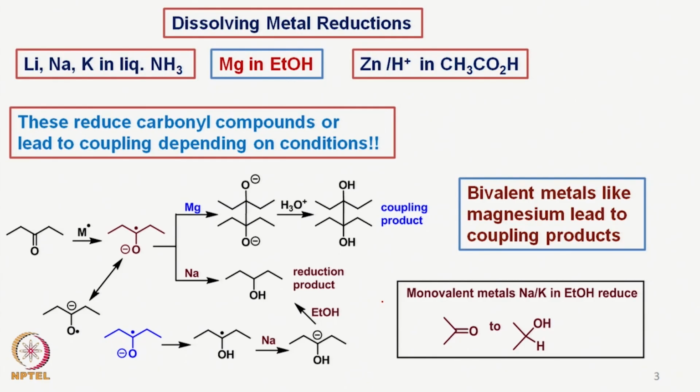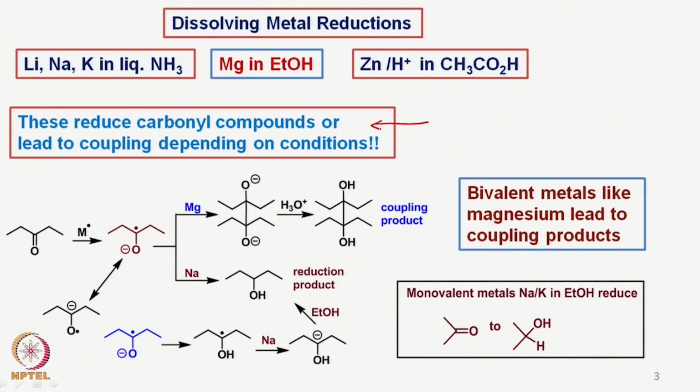Now these reducing systems allow reductions of many carbonyl compounds or sometimes they also lead to coupling of two molecules depending on conditions. It is a very useful reducing system, and the reduction as well as coupling lead to products which are both important.